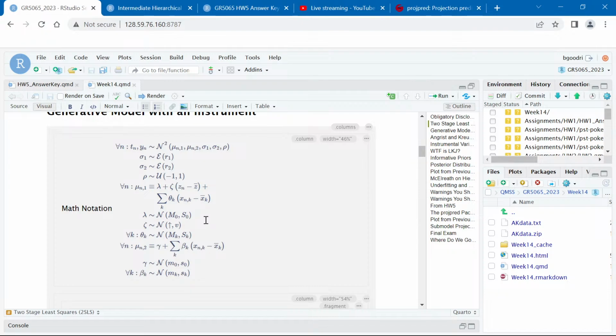Normal prior on the intercept. You can have a normal prior on zeta, I think that's what that letter is. It's shaped to be similar to z. You can have a normal prior on that coefficient, but you should really have a pretty informative prior on that coefficient, because in order for the instrumental variables estimator to give you pretty good estimates of the thing that you want to estimate, the instrument needs to be reasonably strongly associated with the treatment variable whose effect you're seeking to estimate.